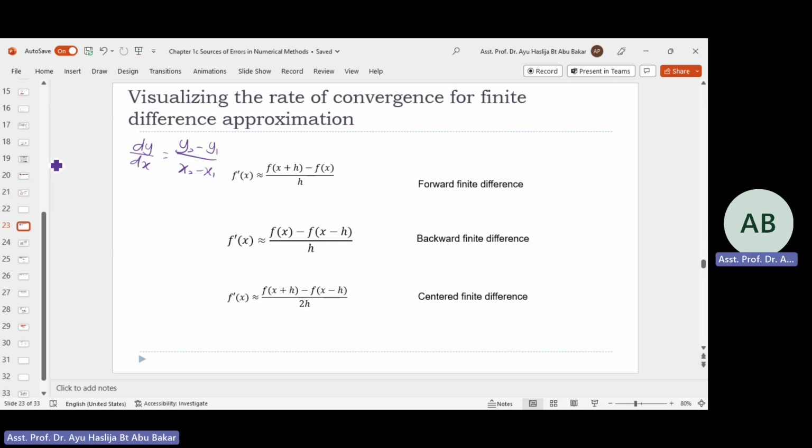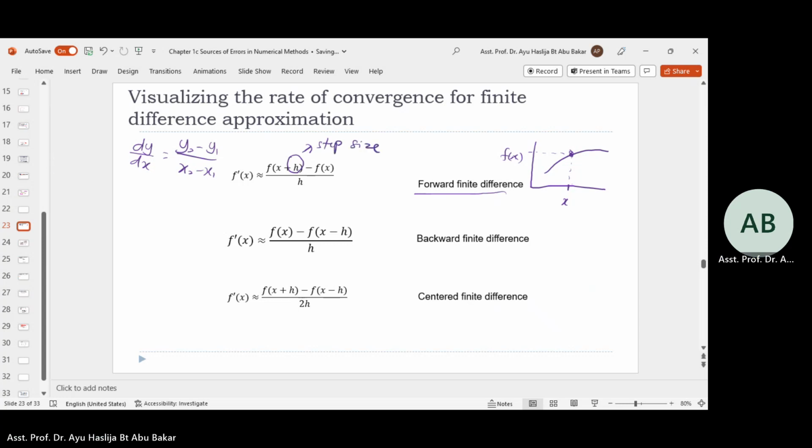So for forward finite difference, for example, we have a curve. Here is the x, and this is fx. H is the step size.